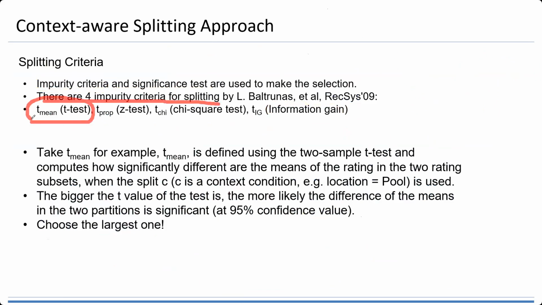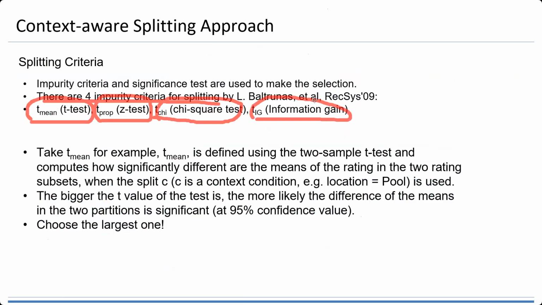So you can use the t-test. I think you learned already in statistics. Z-test, I think you also learned in statistics. Chi-square test, you learn in data mining, and the information gain is also in data mining.